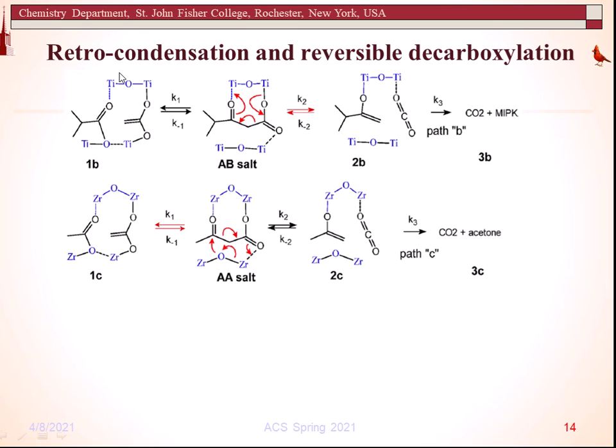And we propose that the retrocondensation is a reversible step, and it needs to be counted for in the kinetic scheme. One of the kinetic schemes assumes reversible decarboxylation with a rate constant K2 and irreversible desorption of CO2 from the surface with a rate constant K3.